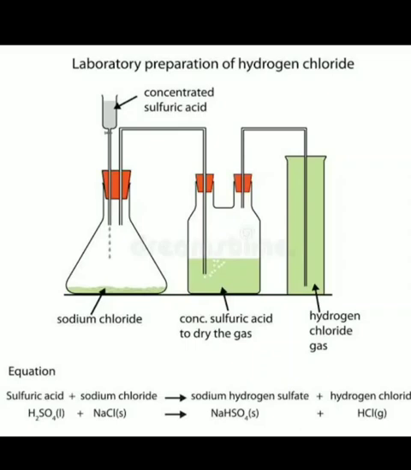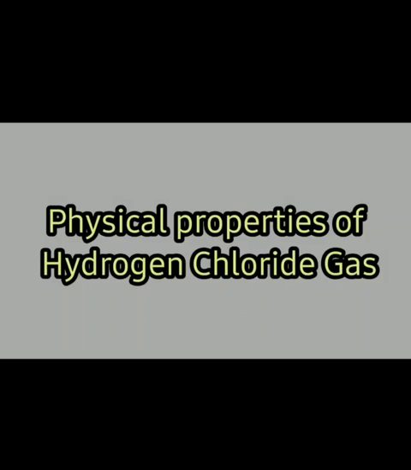Now we have to discuss the physical properties of hydrogen chloride gas. It is colorless, with a pungent, choking smell. It is acidic in nature and corrosive in nature.